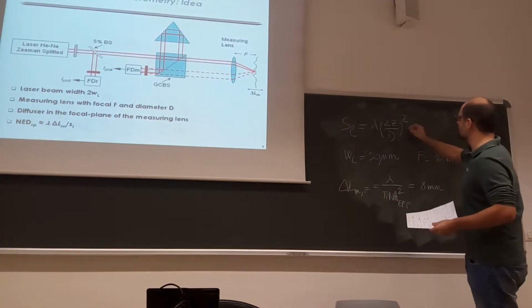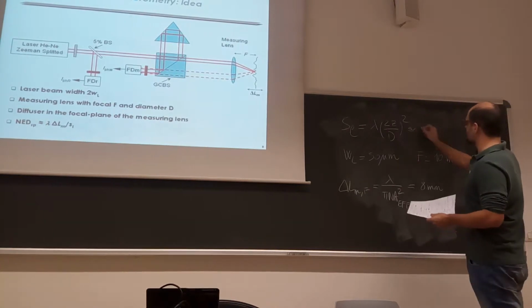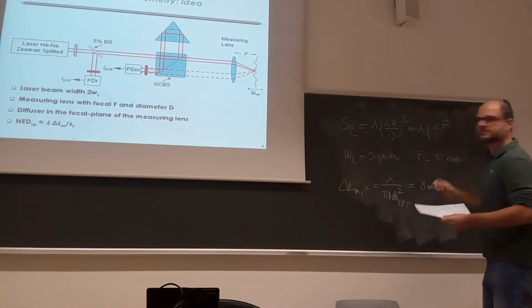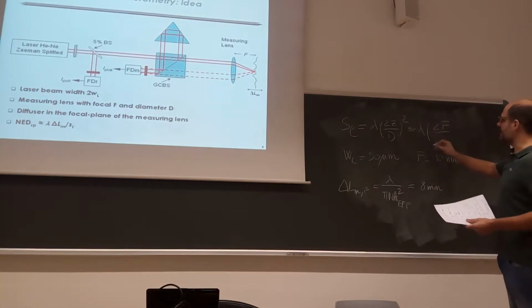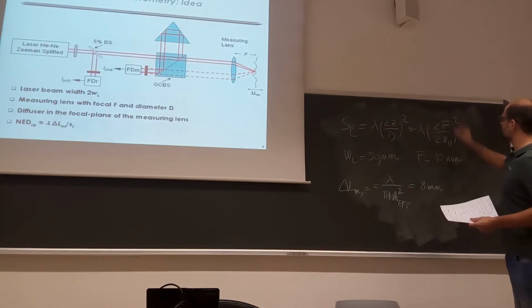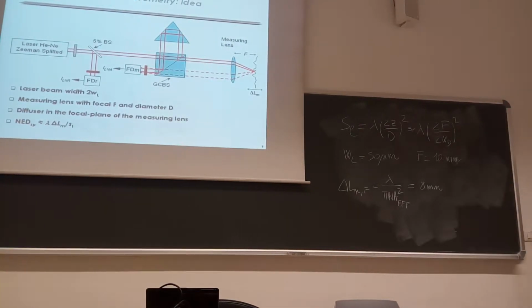We can approximate this relation with lambda multiplied by 2f divided by the diameter, which is simply given by 2wd. And we have to square this quantity. Okay?